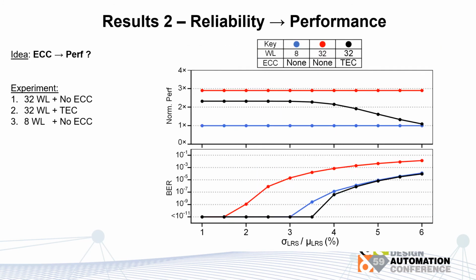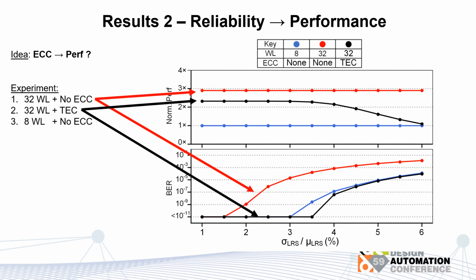The next result answers the following question. Can we improve performance by using ECC? To test this, we run the following simulations. In simulation 1, we enable 32 word lines without ECC. In simulation 2, we enable 32 word lines with triple error correction. And in simulation 3, we enable 8 word lines without ECC.